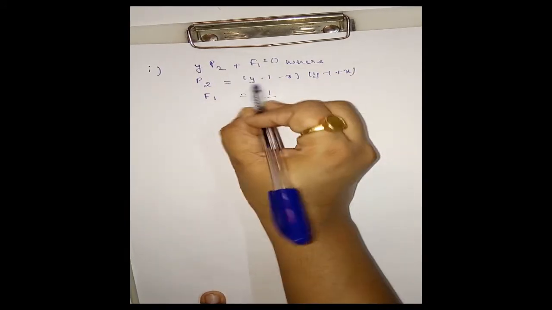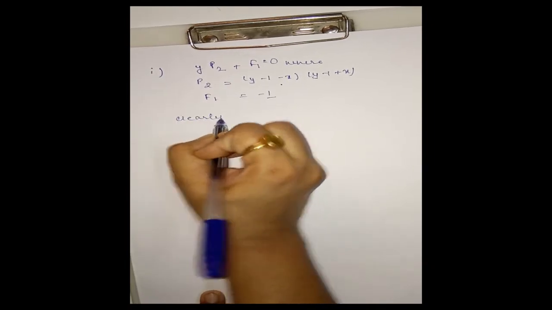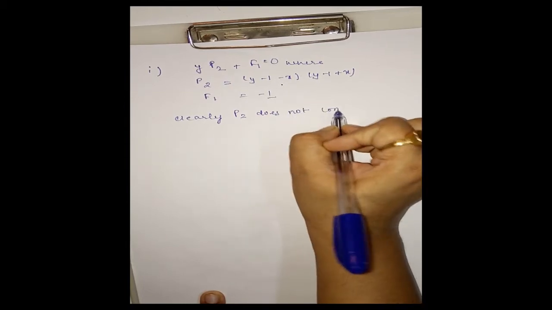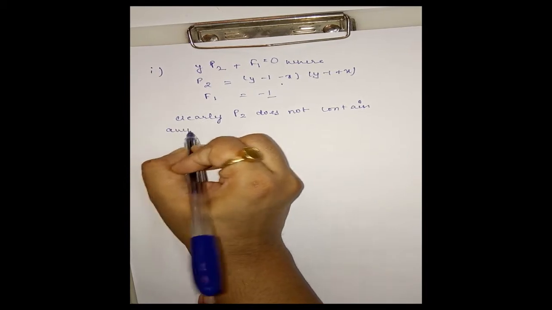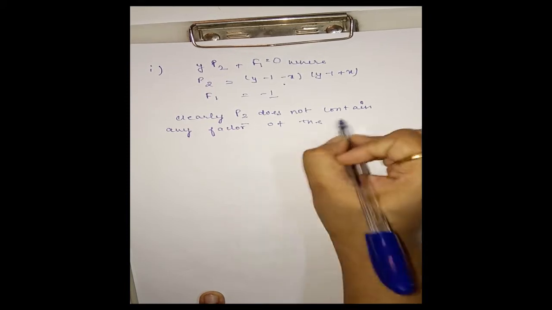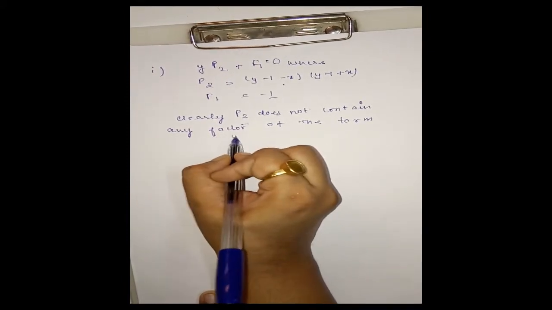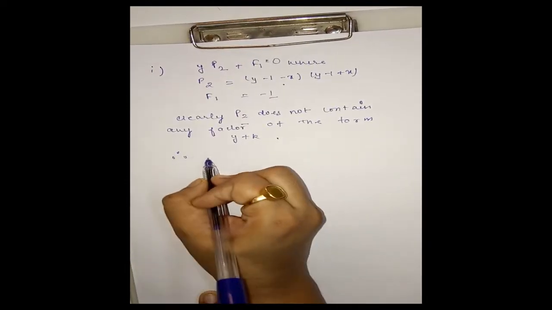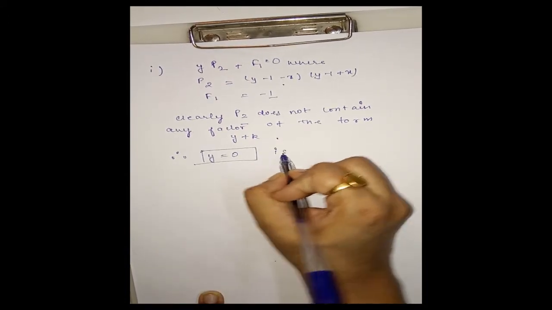Now clearly P_2 does not contain any factor of the form y + k, therefore by the second method y = 0, that is the x-axis, is an asymptote.